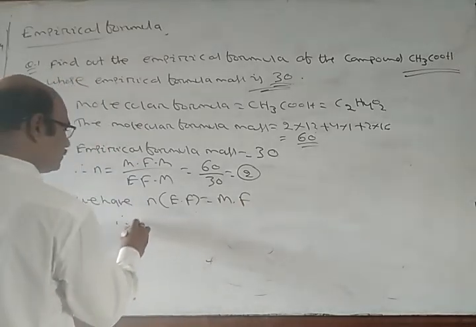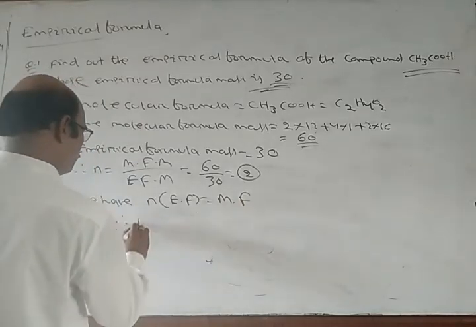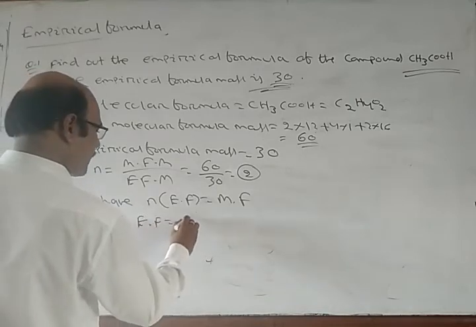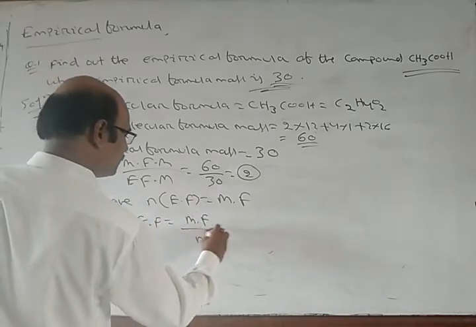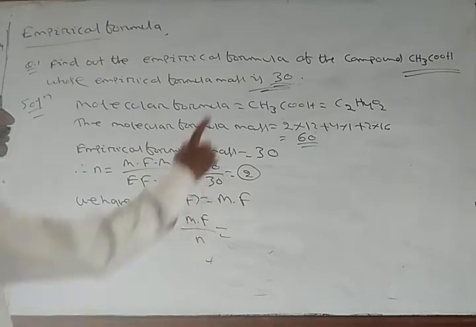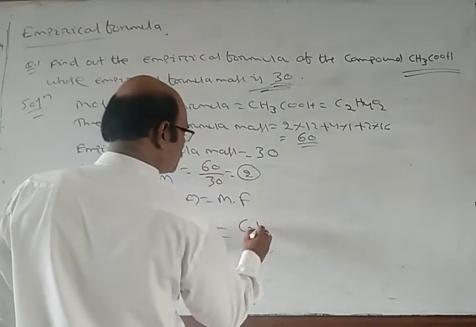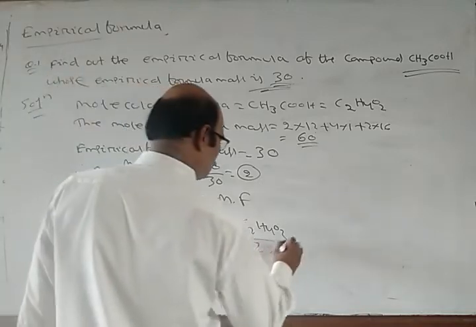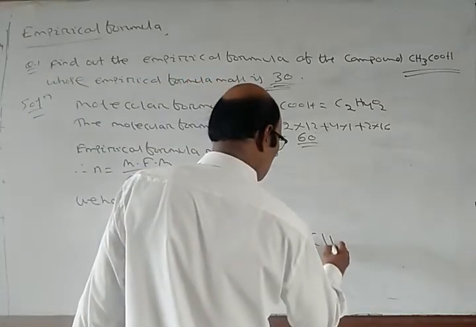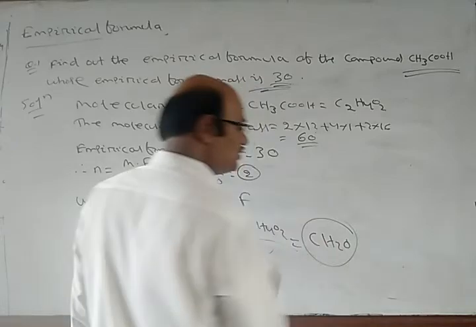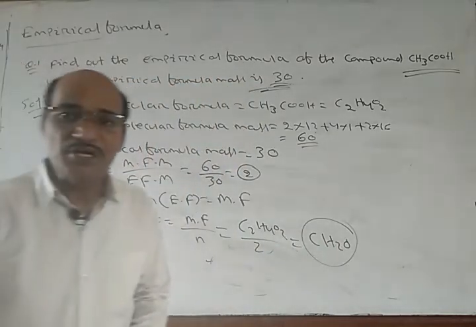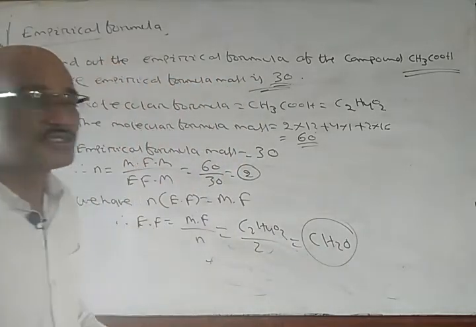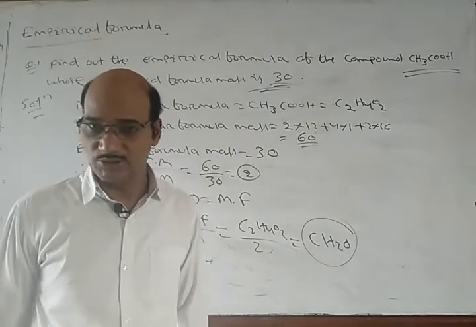It's simple, I say. Empirical formula is equal to molecular formula by n. So what is the molecular formula here? C2H4O2. What is the n here? 2. You get what? CH2O. So CH2O is the empirical formula of the compound CH3COOH. Okay.